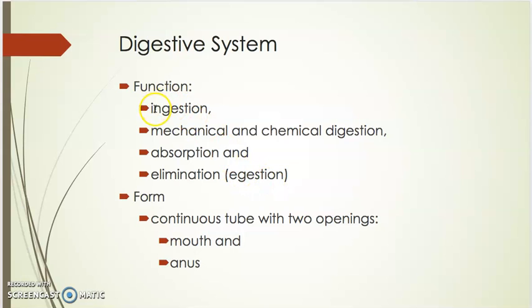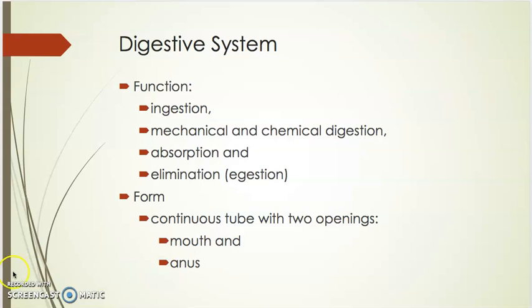If this is ingestion, this is egestion, like an exit. That prefix E means out. So know those words. You will see them again. And know that the form of the digestive system is just one continuous tube with 2 openings, an ingestible opening at the mouth, an egestible opening at the anus.